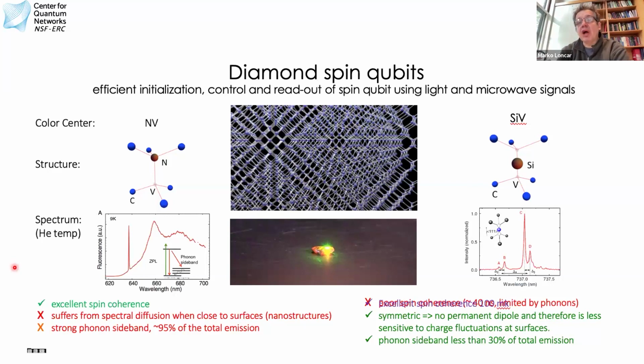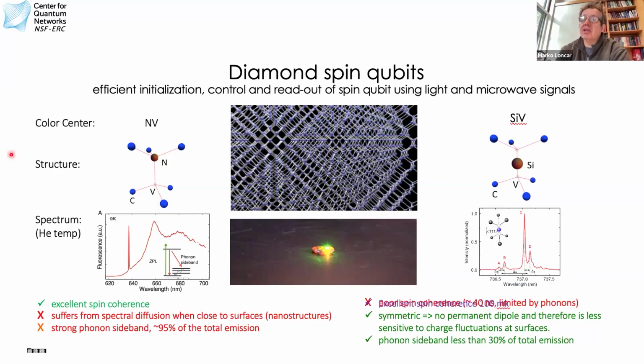Which is why people started looking into other color centers in diamond, and one that's particularly prominent these days is the so-called silicon vacancy color center. This is a silicon atom that sits between two missing carbon atoms, and this center does not have as good spin properties as nitrogen vacancy. With nitrogen vacancy, you can access its spin even at room temperature.